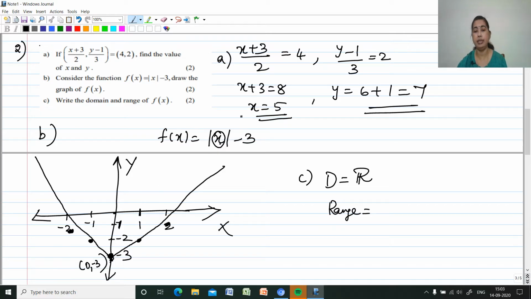If I give x equal to 0, we have 0 minus 3, that is minus 3. X equal to 1 gives minus 2, x equal to 2 gives minus 1, x equal to 3 gives 0, and it goes on. So the starting value will be minus 3 onwards. So the range will be from minus 3 up to infinity.